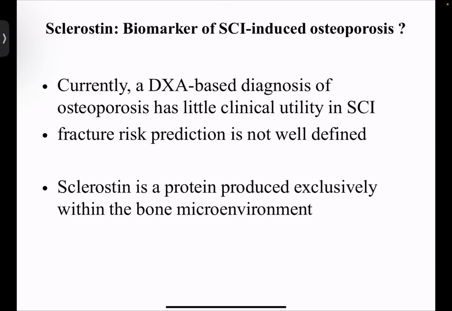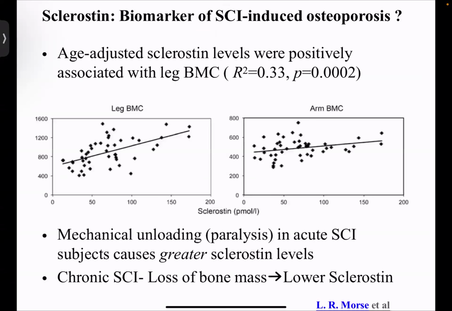That's why sclerostin comes into the picture. It's a protein produced exclusively within the bone microenvironment, secreted by the osteocytes.